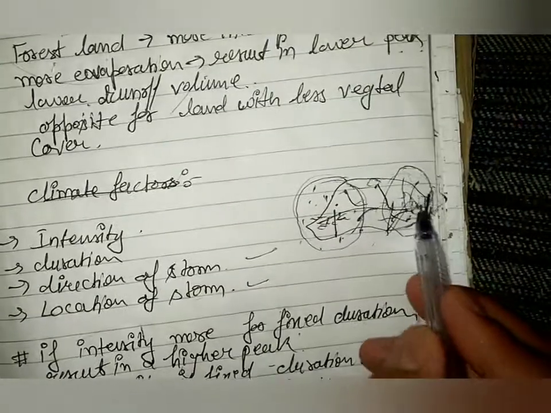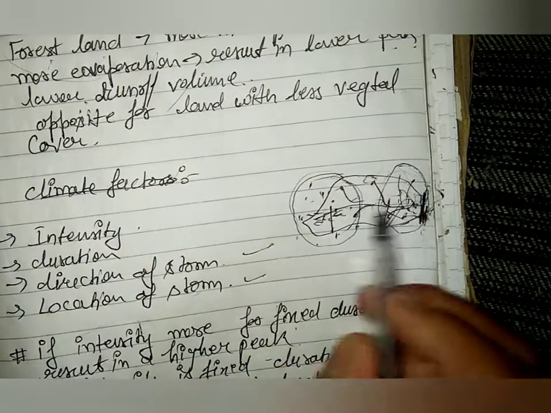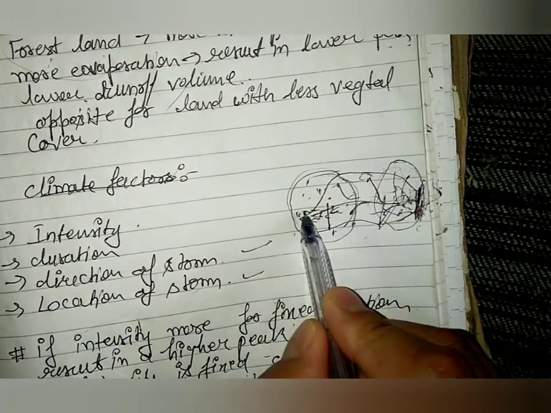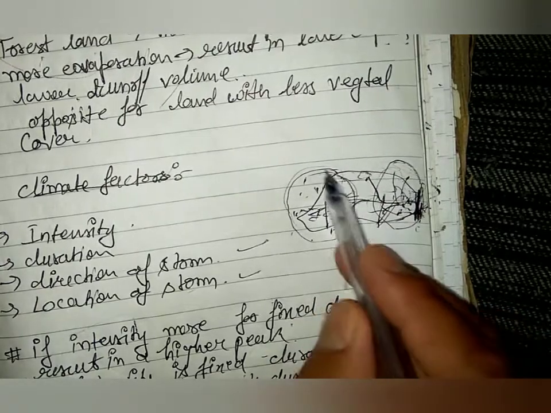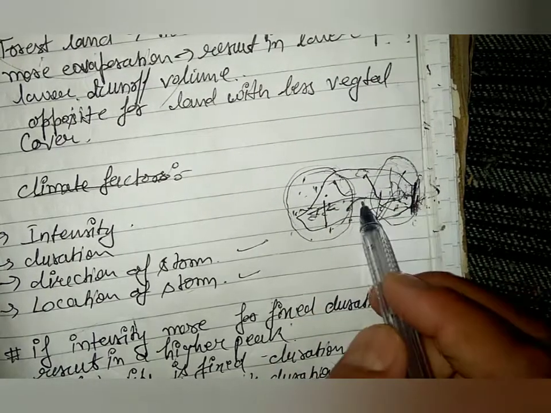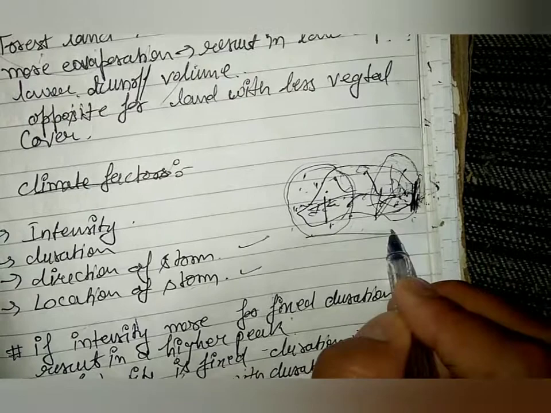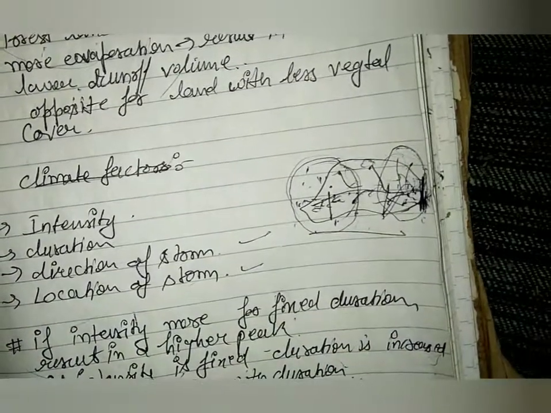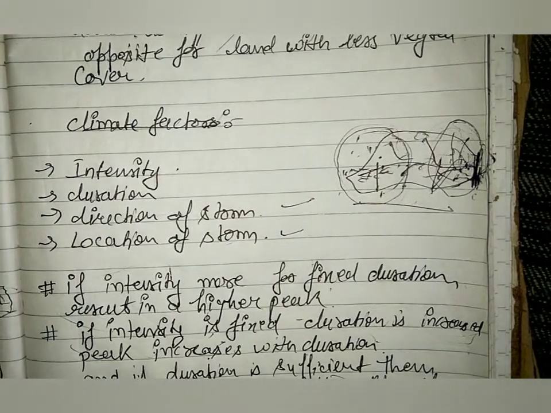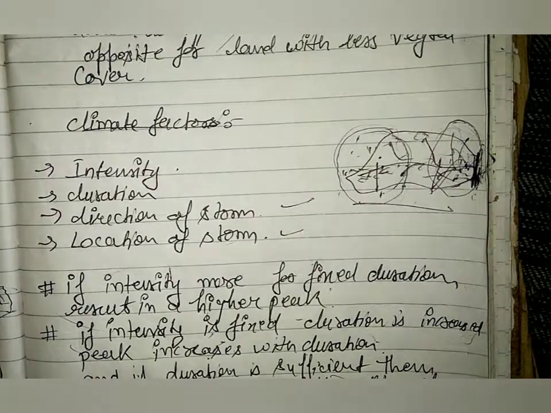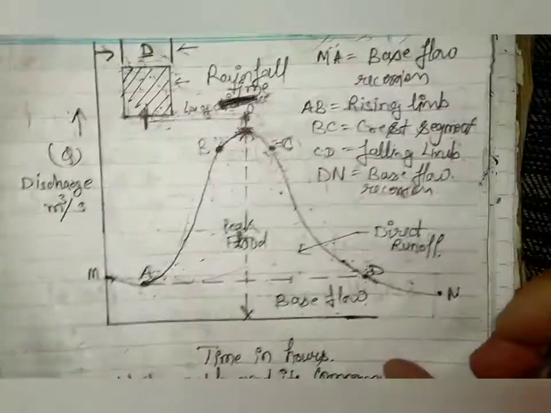Vice versa, if it is moving from upstream to downstream, then the reverse will occur. So these were the important factors that affect the shape of the hydrograph.